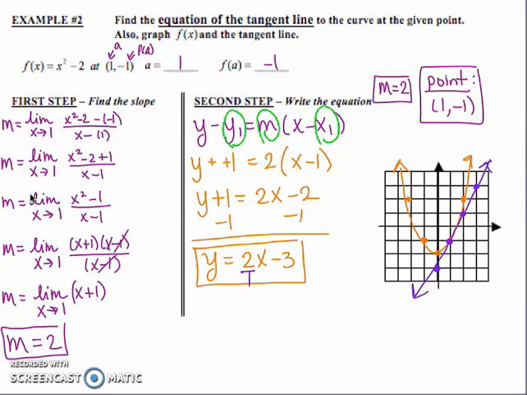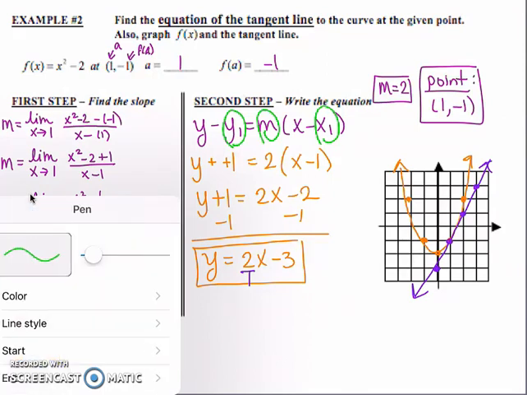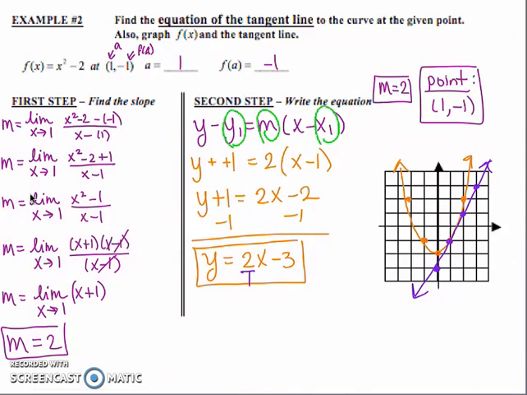What we were supposed to find was the equation of the tangent line to the curve at the point (1, -1). Well, here's the point (1, -1). That is the exact point where our tangent line touches our curve. So I think we've done our work correctly.